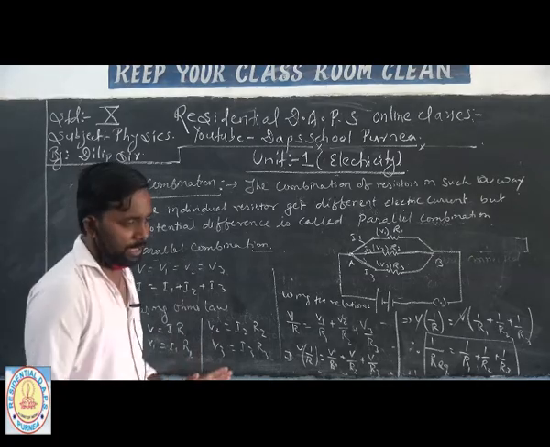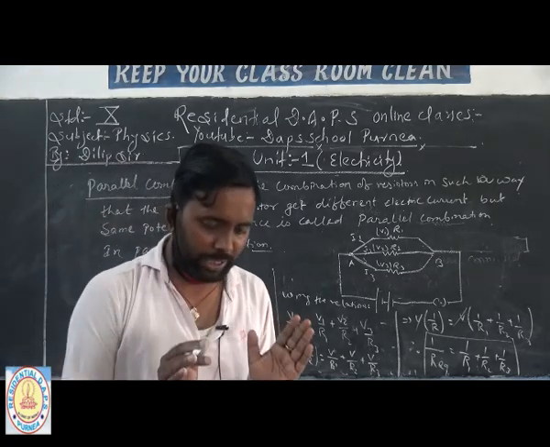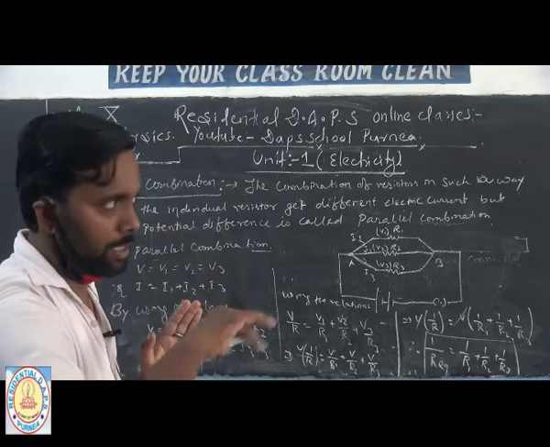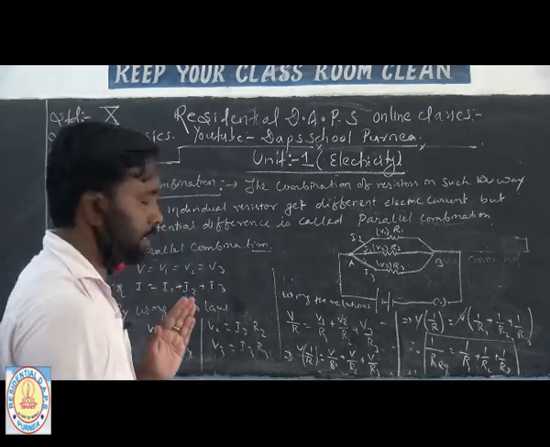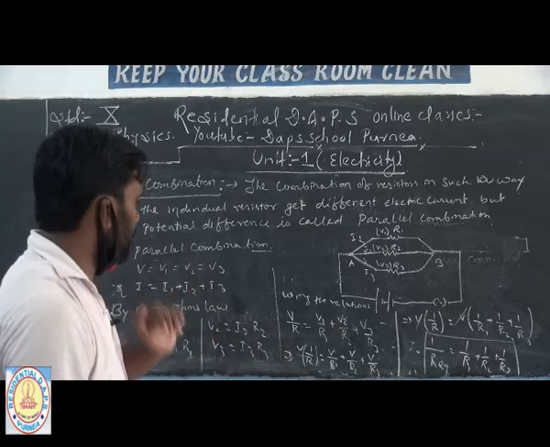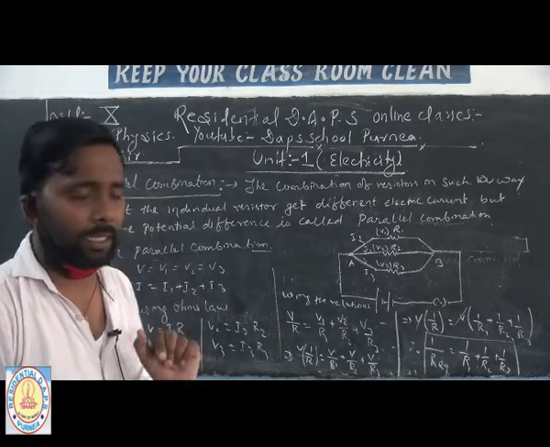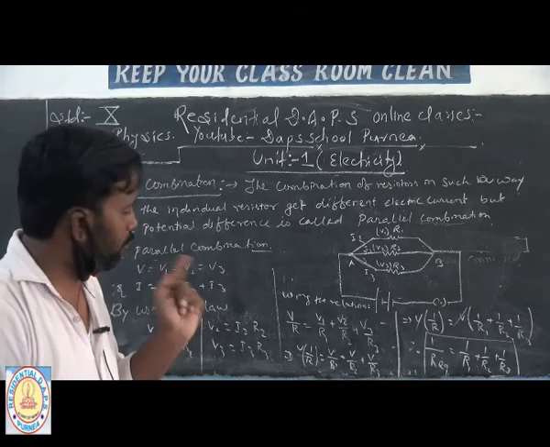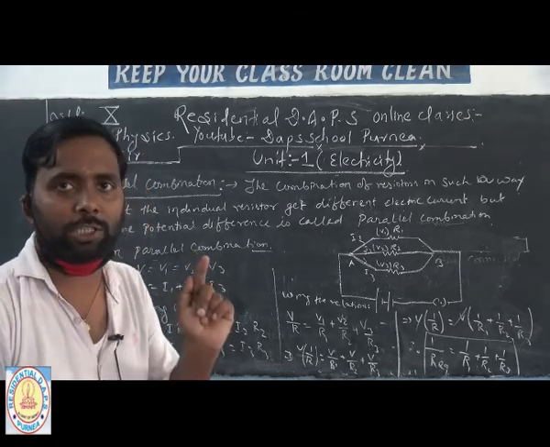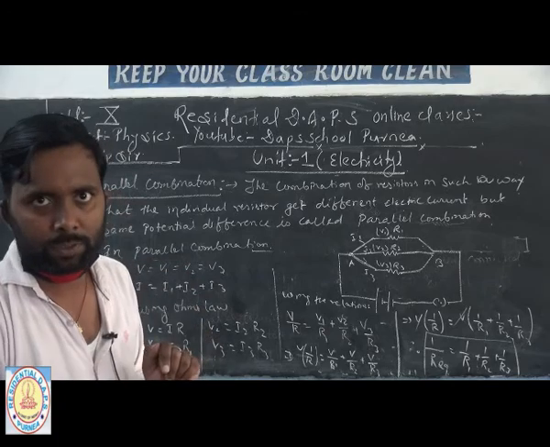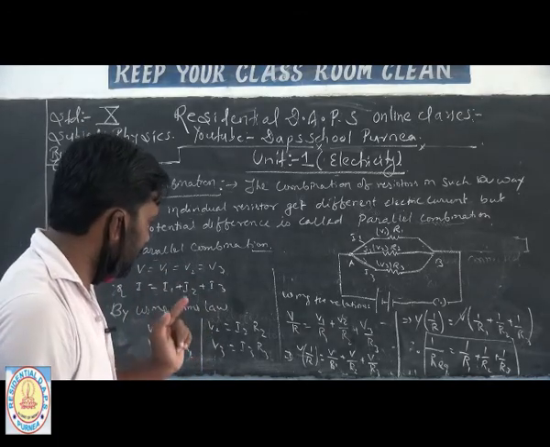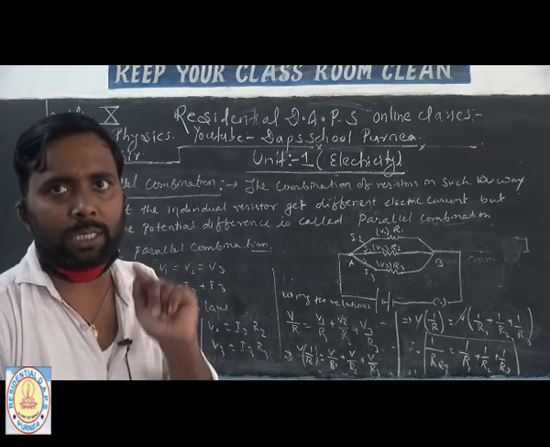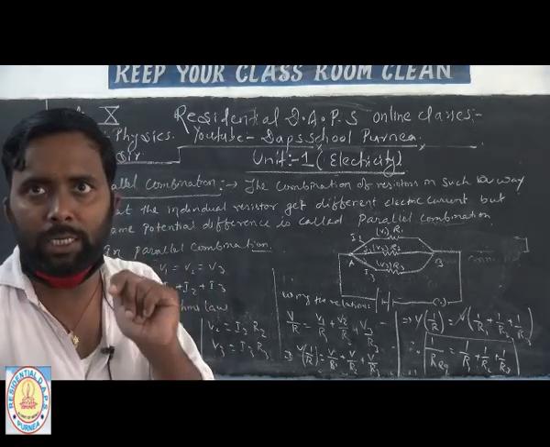In series combination, the equivalent resistance is always more than the individual resistance. But in parallel combination, the reciprocal of the equivalent resistance is equal to the sum of the reciprocals of the individual resistances. Once again, in series combination, the equivalent resistance is equal to the sum of the individual resistances.